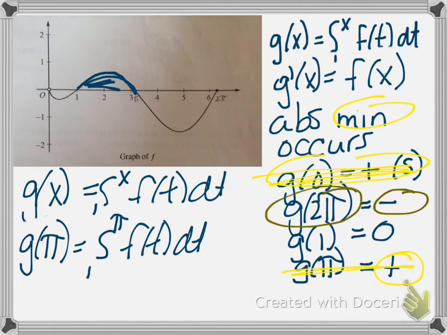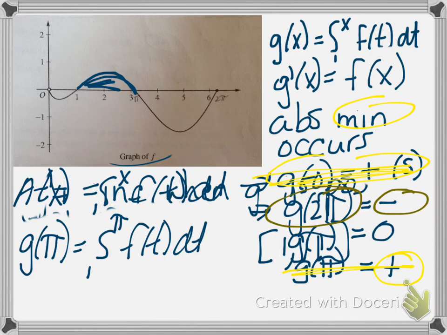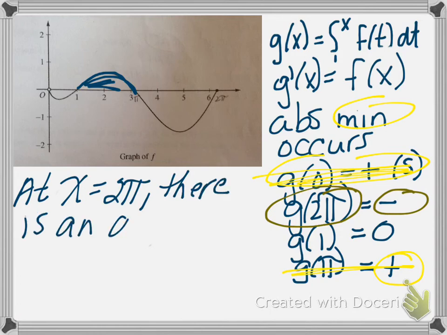So how would we write this all up? Let's just erase this and make some room. So the question says, find the value of x at which g has an absolute min. So you're going to write at x equals 2 pi, there is an absolute min.